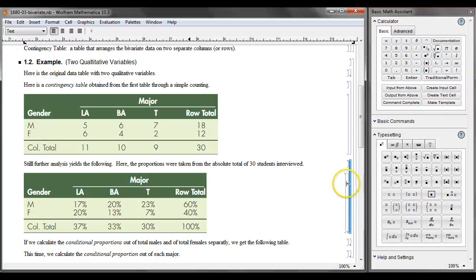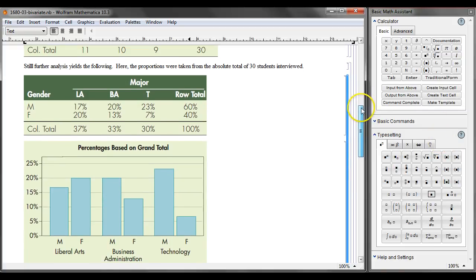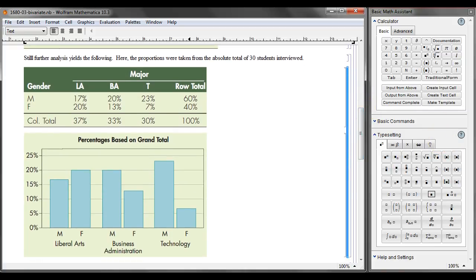Oh, by the way, here is a bar graph that goes with it. For example, male liberal arts majors, 17%, and then look at the height of the first bar. It goes to about 17%. And then next, female liberal arts majors, 20%, and the second bar goes up to 20%, and so on and so forth.